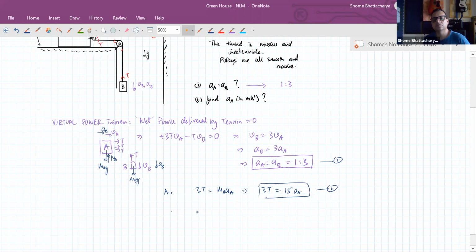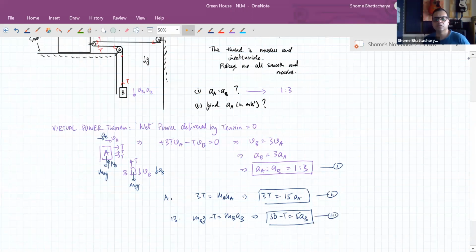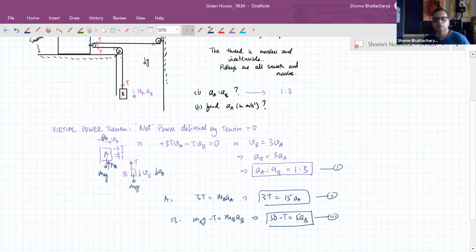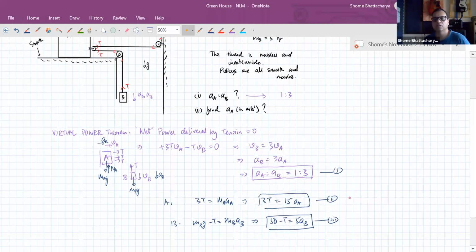And for B, we have weight minus tension is equal to mass into acceleration. So 50 minus T was equal to 5 times acceleration of B. So that's our third equation. These are the equations I'm getting, just cross check. Now what you can do is you can write this as T is equal to 5 times acceleration of B, and then substitute this here.